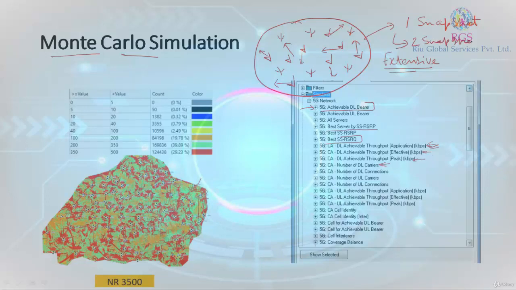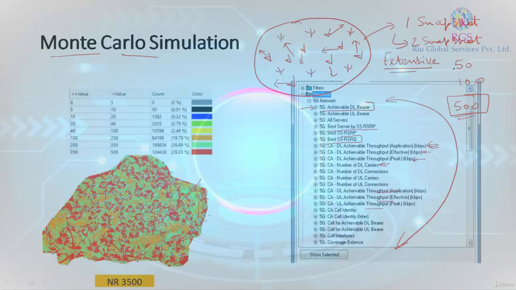And similarly, however many snapshots you define, 50, 100, 500, your overall simulation is going to take that much time and will give you all these arrays: throughputs in the uplink direction, throughputs in the downlink direction, interference, coverage balance, all the things that you could think of or the tool is capable of giving will all be defined in the Monte Carlo simulations, right?